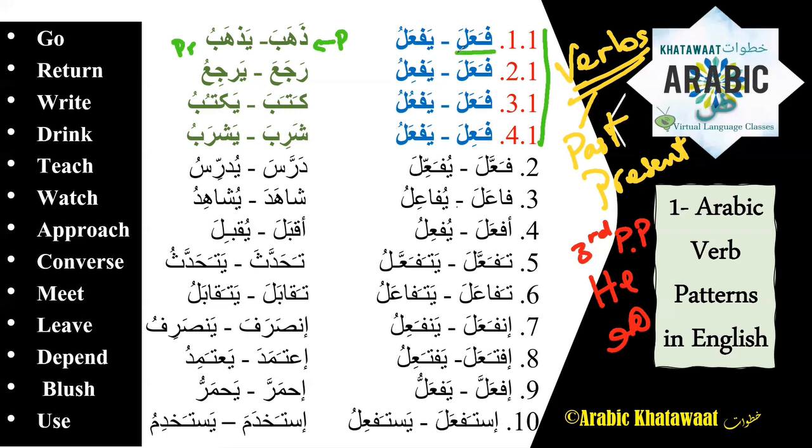It rhymes with فعل. ذهب, فعل. يذهب, يفعل. I'm going to read the past in all these forms, along with the equivalent verbs that match the pattern in the past. Then I will move on to read in the present. So please listen carefully and repeat after me.